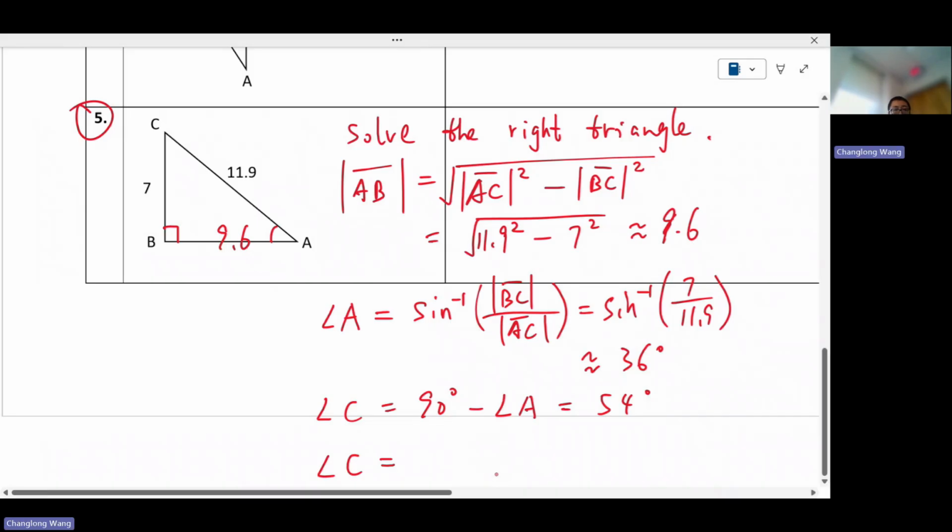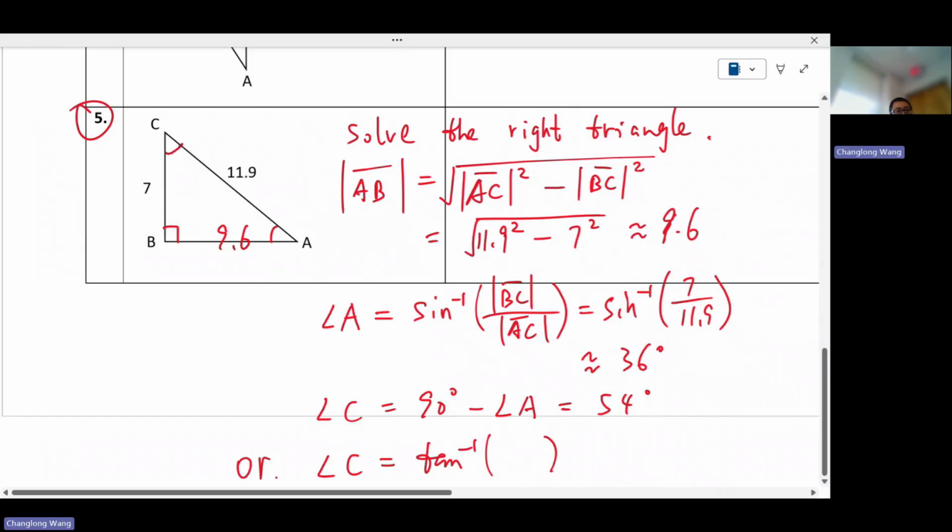Well, now I have all three sides, so you have the freedom to use any of the three inverse trig functions. So now, what if I insist I want to use inverse tangent to find angle C? How should I type it in? Inverse tangent, what should I put here as the ratio?